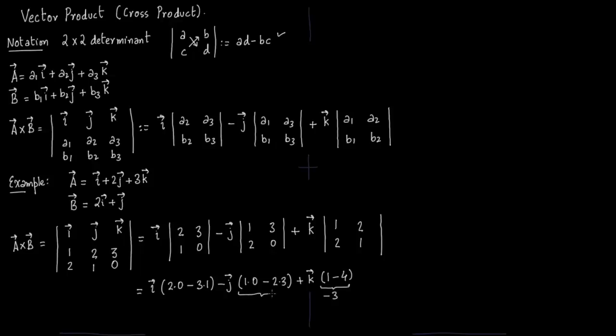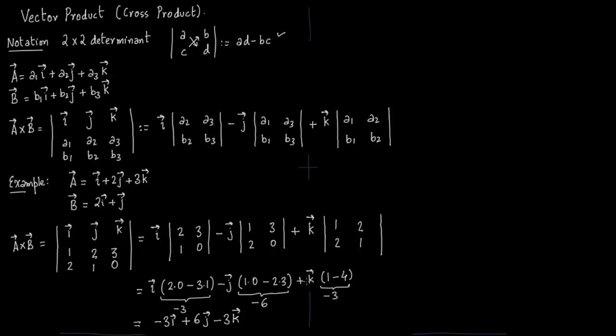So 1 minus 4 is minus 3. This will give you minus 6. And this will give you minus 3. So our answer would be minus 3i vector plus 6j vector, since minus 6 times minus j is plus 6j, minus 3k vector. So this is the A cross B.